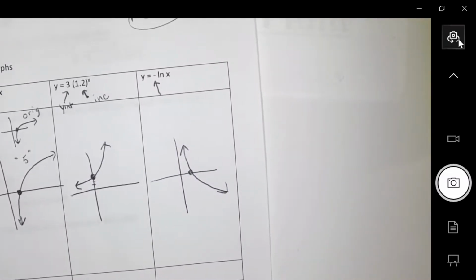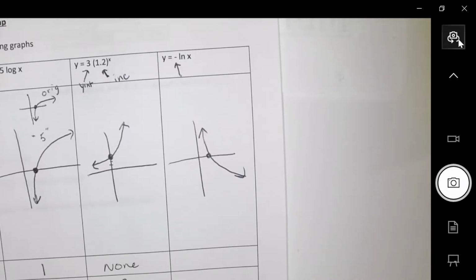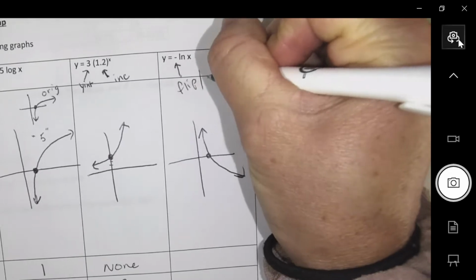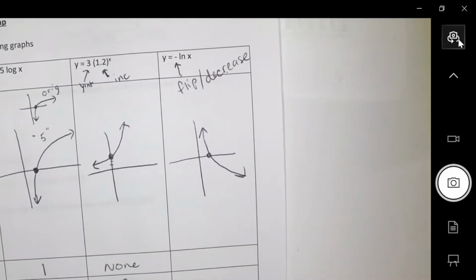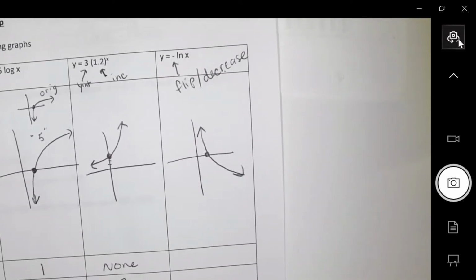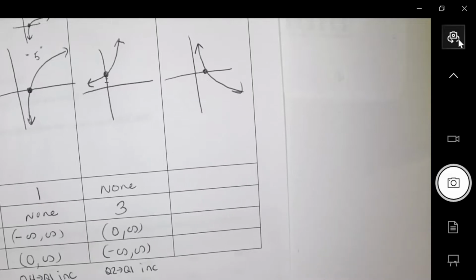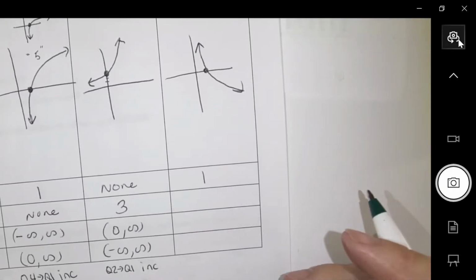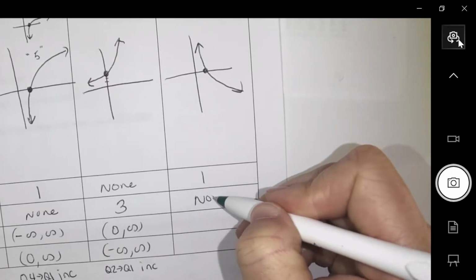It's decreasing now. Okay, so the x-intercept is 1. That doesn't ever change for us. There's no y-intercept.